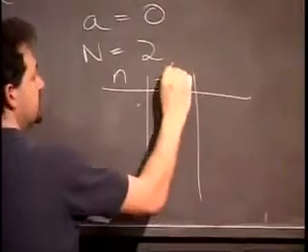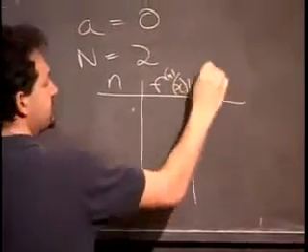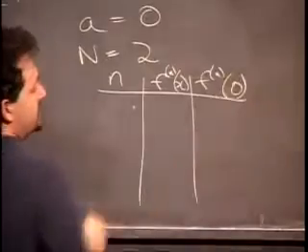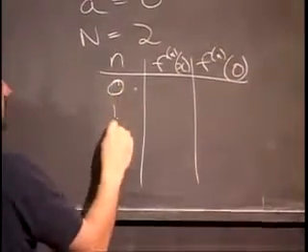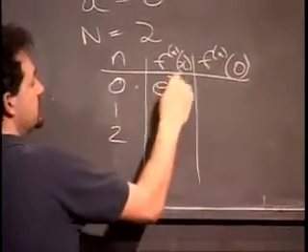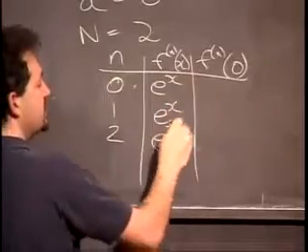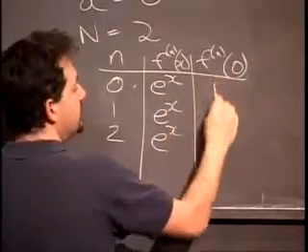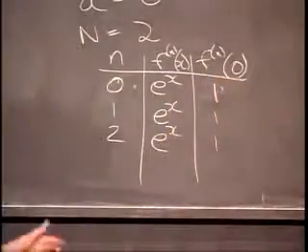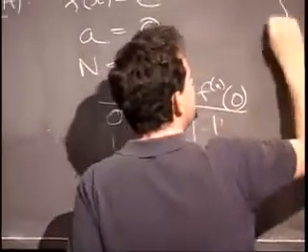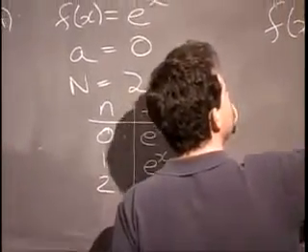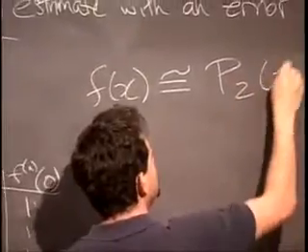So just quickly throwing up the same table that I just erased: the nth derivative in general, and the nth derivative at 0. I only need to go up to 2. All the derivatives are e to the x, so you get e to the 0 is 1, 1, 1. So f of x is approximately equal to p2 of x.